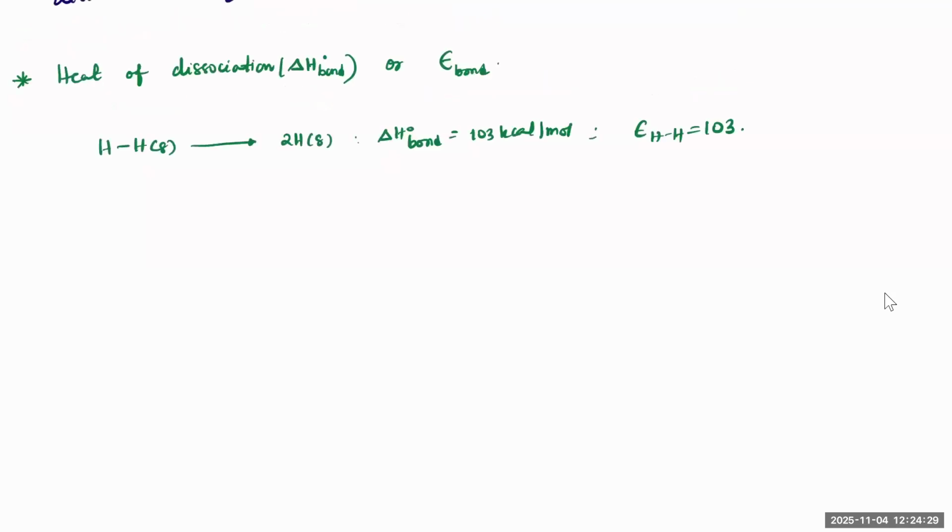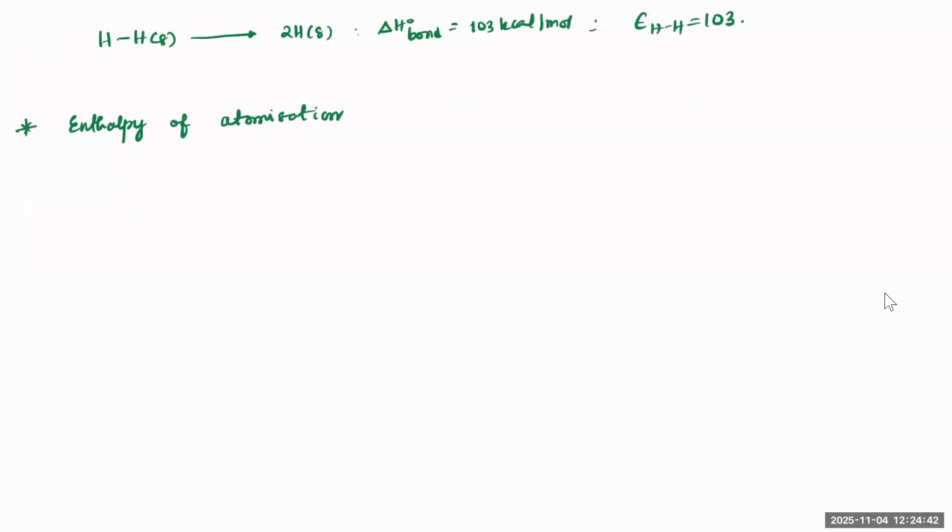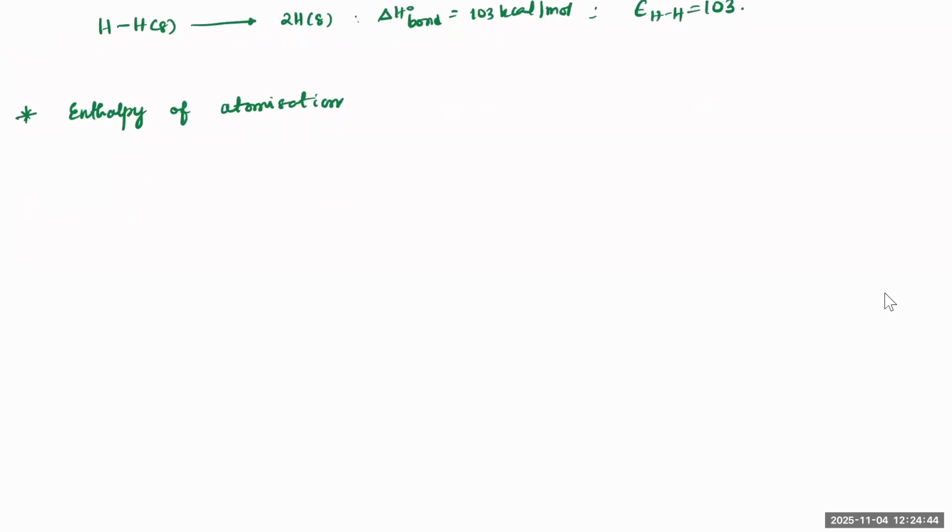Next one is enthalpy of atomization. Enthalpy of atomization is basically converting any kind of form into atomic form. Like sodium solid, you sublimate it into gaseous, so that means it is atomization.